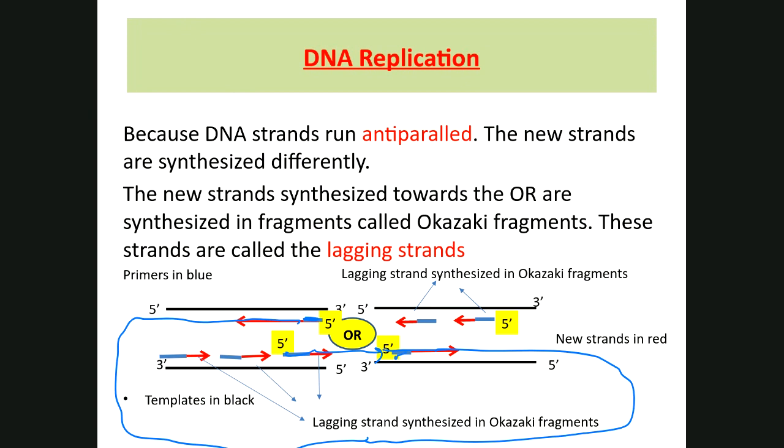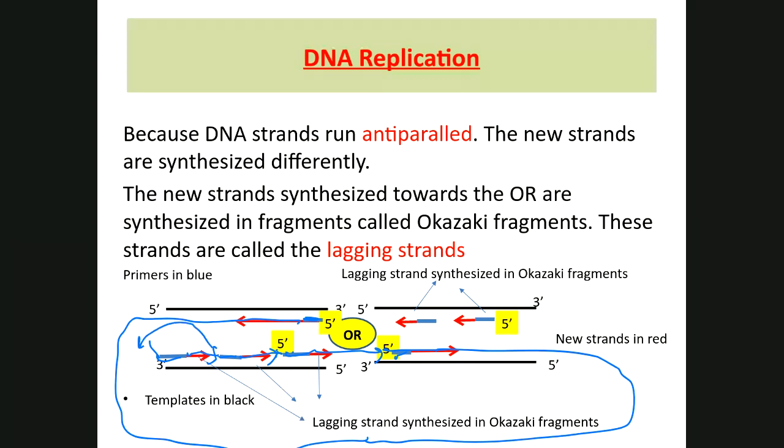So it has to detach, go back, make another primer, and begin synthesis of the strand again, then bumps against the previous strand, detaches, goes back, another primer is made, DNA polymerase grabs a hold of the primer, continues replicating, bumps against the previous strand, and it constantly has to go back and back and back.